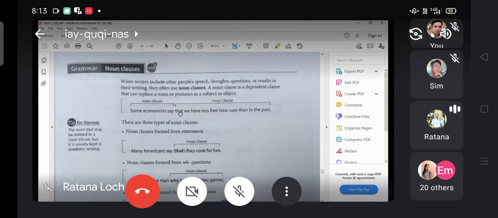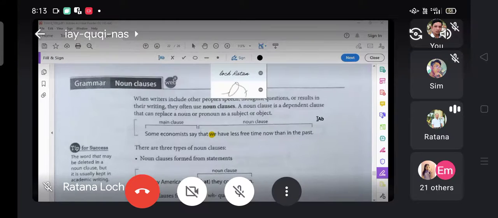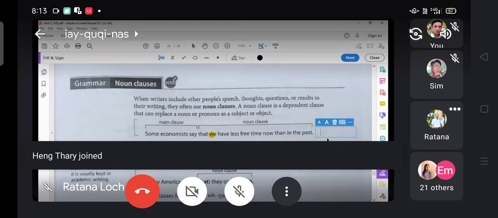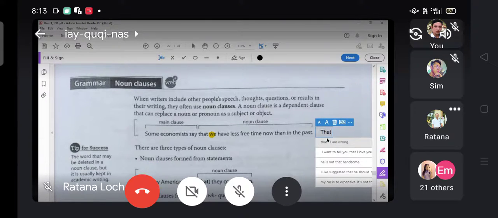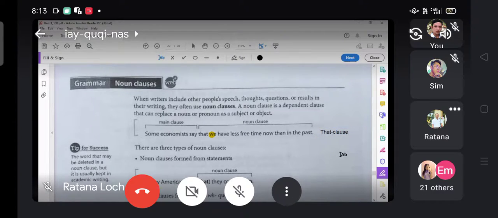Sometimes they call that clause. Okay, that clause. I think you understand that clause. They call it that clause because when we're talking about the noun clause, we're talking about that clause, right?